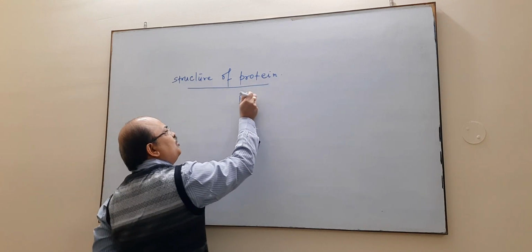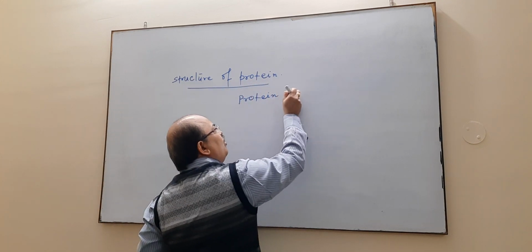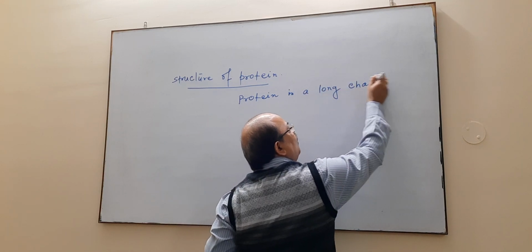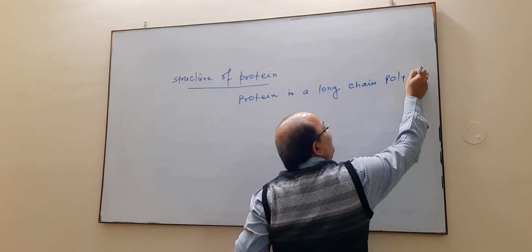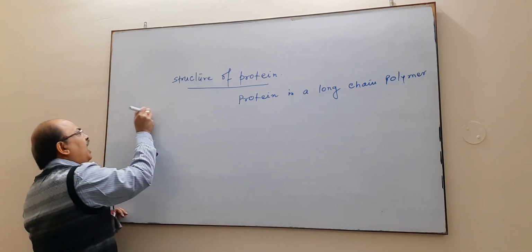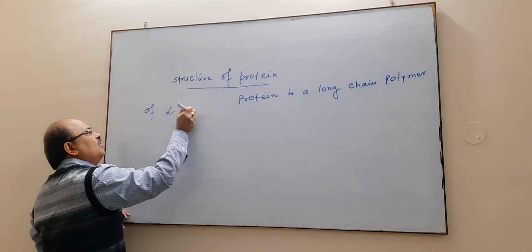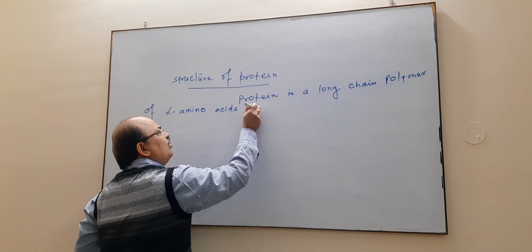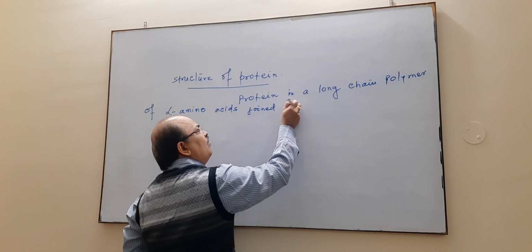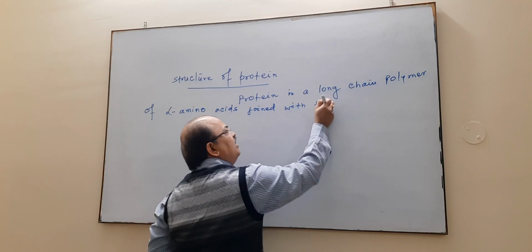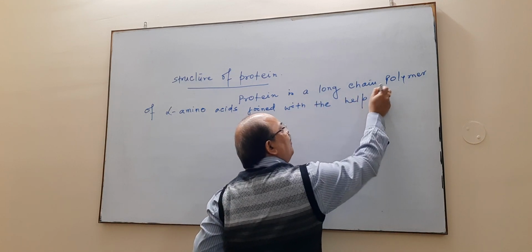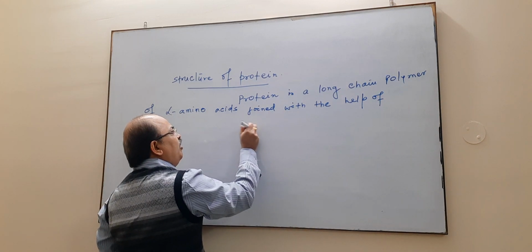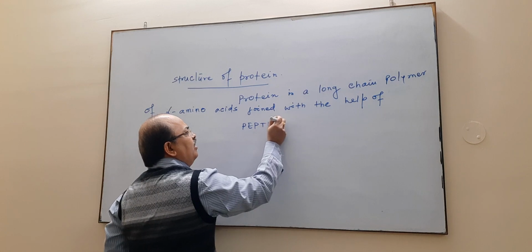Basically, protein is a long chain polymer of alpha amino acids joined with the help of peptide bond.